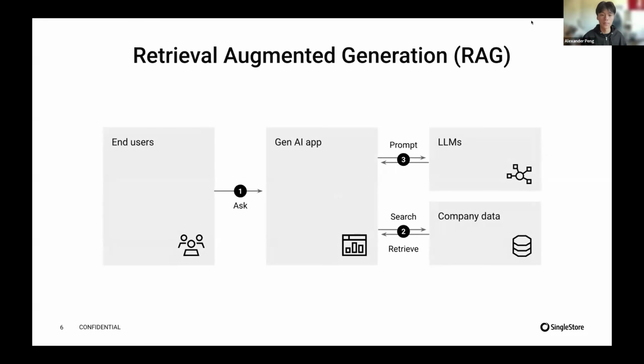RAG might be familiar to many of you, but for those that aren't, RAG is essentially the process by which we infuse a generative AI chatbot's context window, or chat window if you're using ChatGPT, with information that it can use to provide relevant, helpful, and accurate responses.